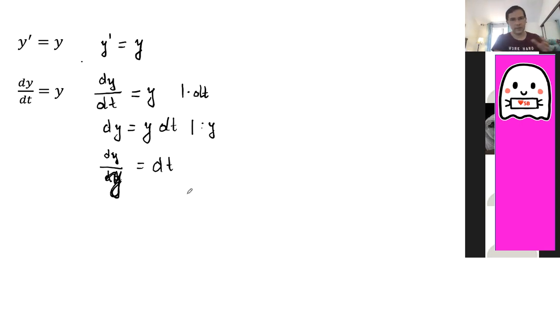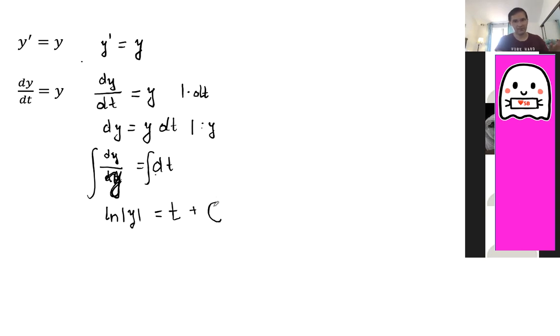And what I'll be doing now is integrating the left-hand side and the right-hand side of this equation, this side with respect to y, and this with respect to t. Integral of dy over y is ln of absolute value of y, plus some constant c. But I'll take care of this constant c in a second. On the right-hand side, we get the integral of dt, which is just t, plus some other constant c.